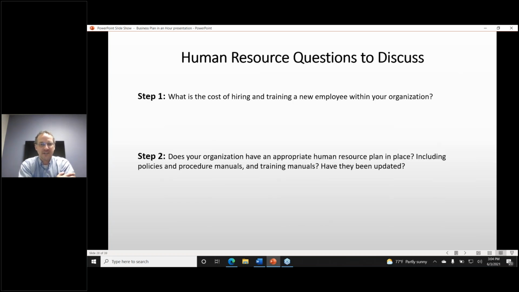Does your organization have an appropriate human resources plan in place, including policies and procedures manuals, training manuals? Have they been updated? Do you have an organizational chart? I heard from another client last week that while she was the boss, she thought somebody else was the boss.